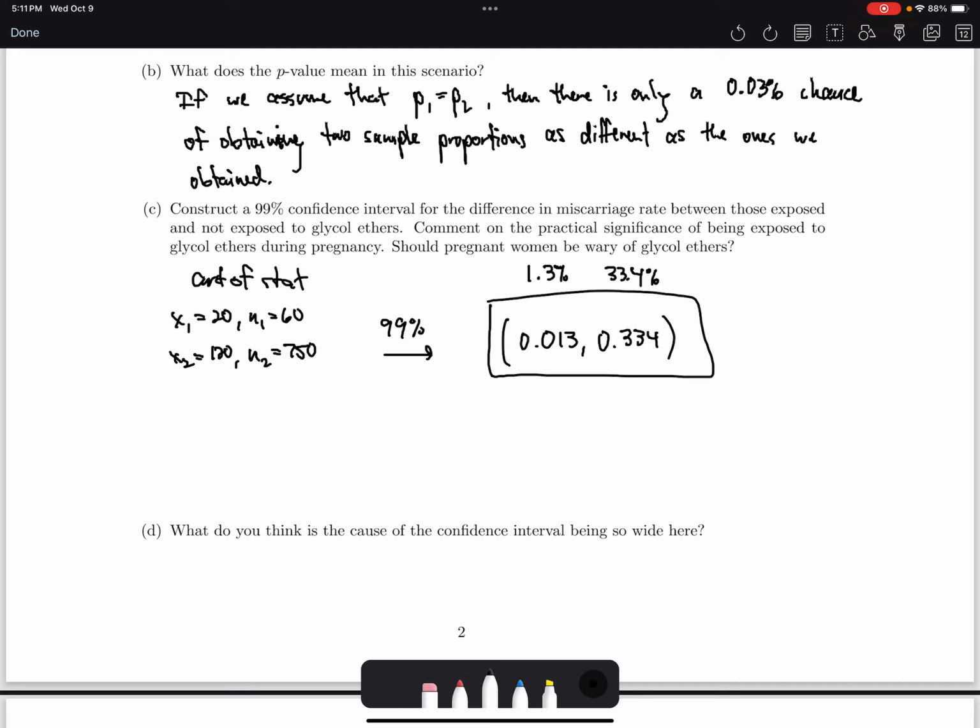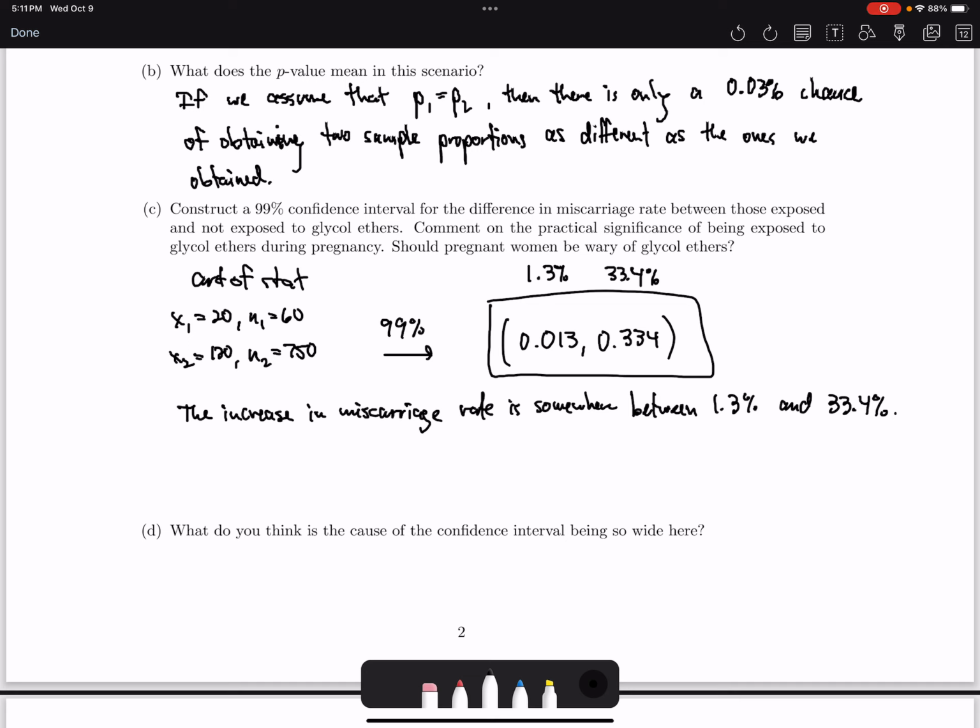So to comment on the practical significance, we could say, well, the increase in miscarriage rate is somewhere between 1.3% and 33.4%.